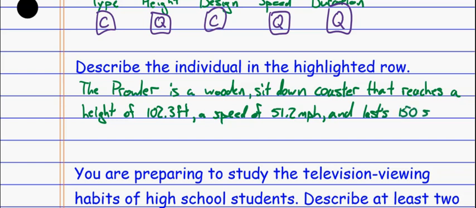Okay. So again, it's just a nice summary of that individual. And again, I organize it in a sentence. A lot of times it's easy to organize a sentence when you group the categorical and the quantitative data together. The Prowler is a wooden sit-down coaster. There's the categorical. It reaches a height of 102, speed of 51, and lasts 150 seconds, all the quantitative data together.